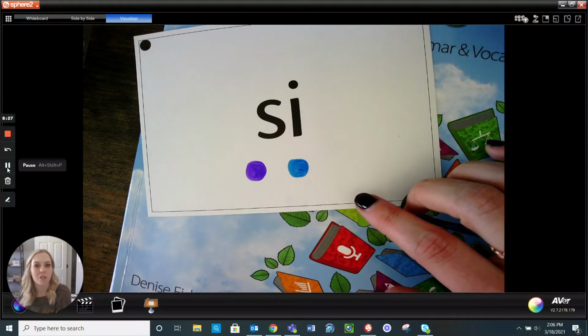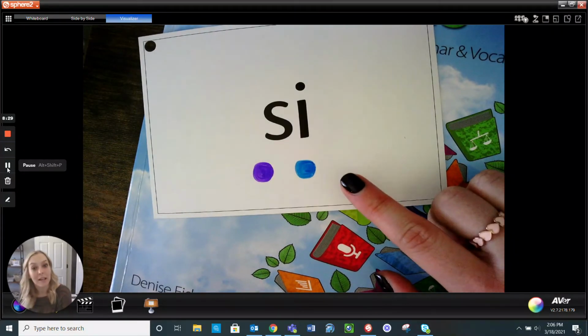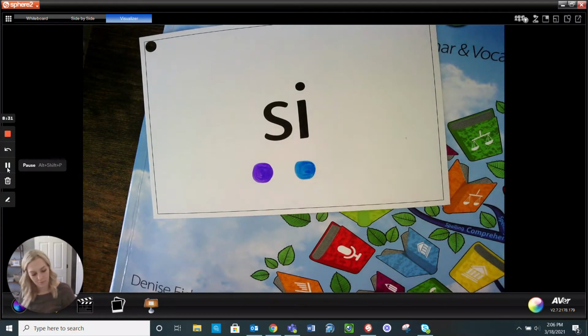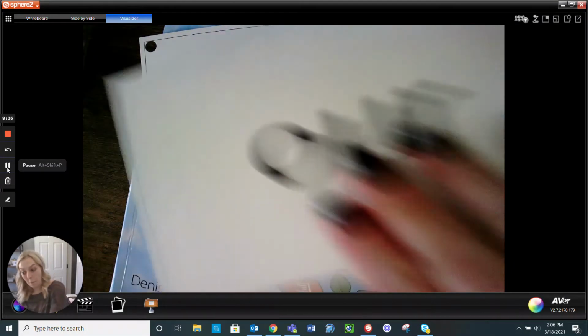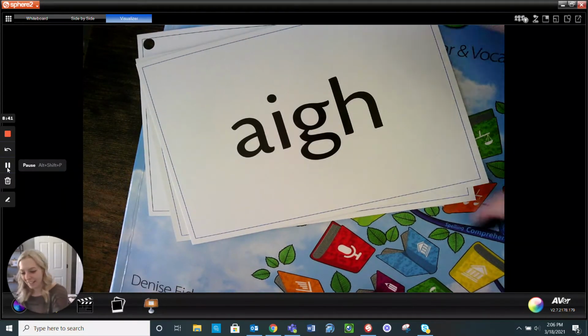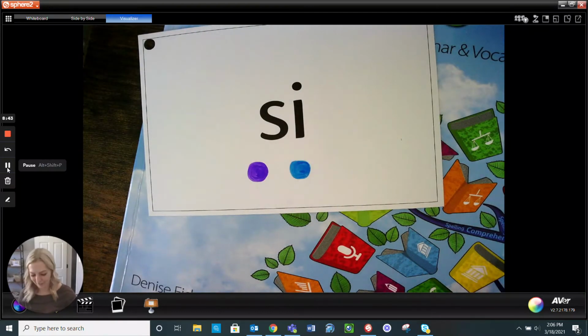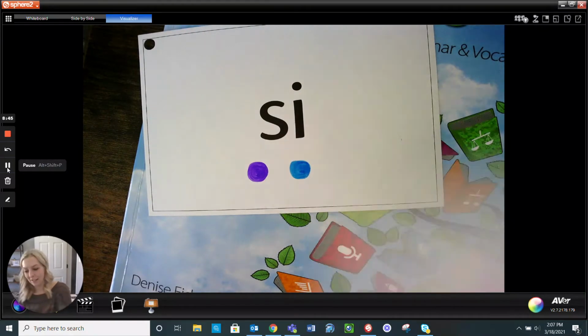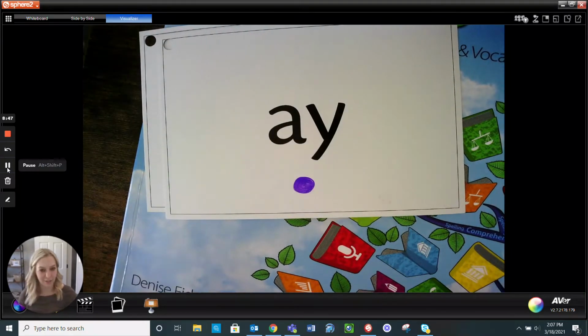Sh, zh, used only at the beginning of a syllable. A, very good. A, two-letter A, that may be used at the end of English words.